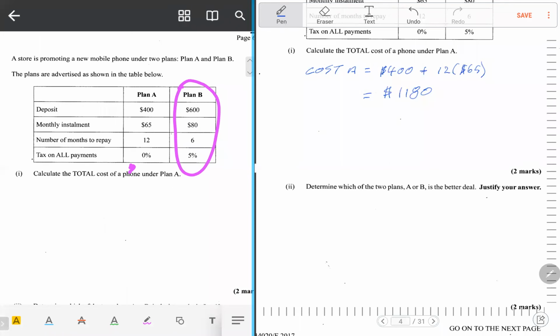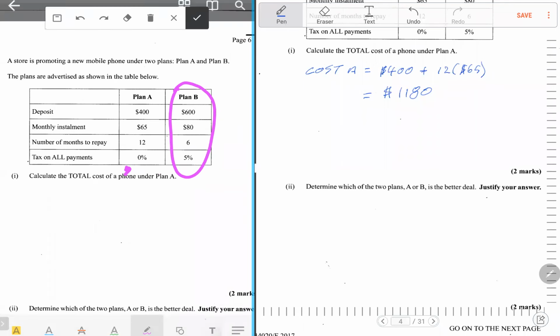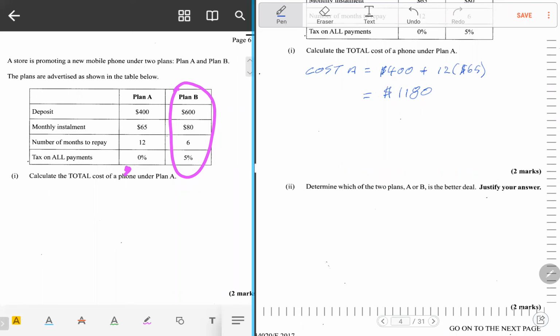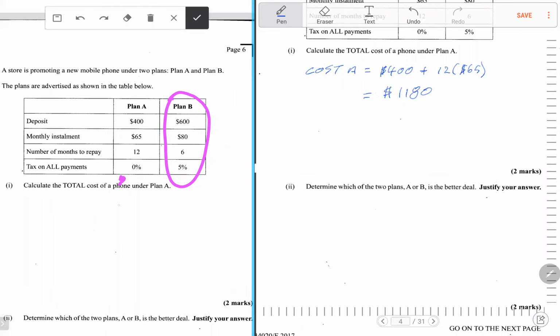Let's erase all of this. Can I erase again? All right. The plan A cost is 1180. That's the plan A cost.